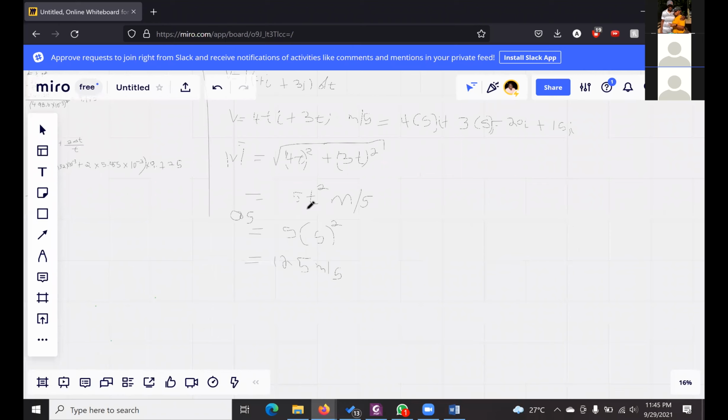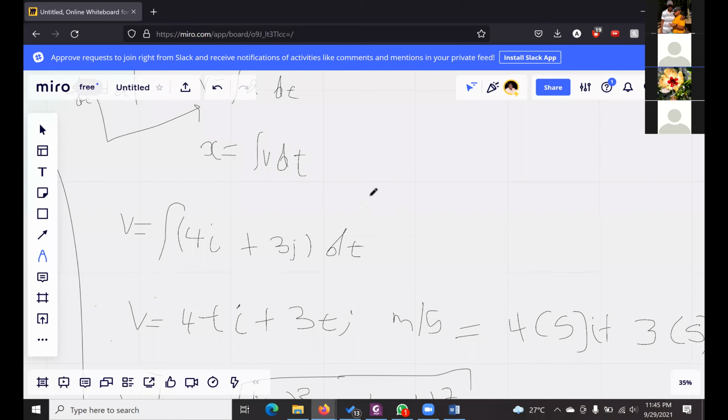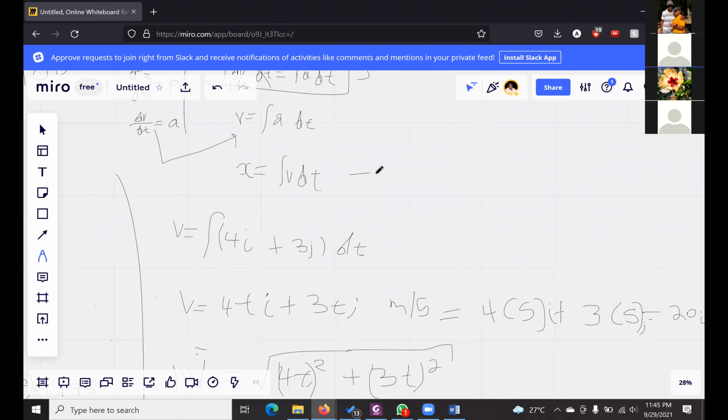Displacement. Who can tell me how we find the displacement? The integral of v. All right, I know it's all over the place, but just stay with me. So our v function is here, right? So we're integrating this. We have the integral of 4t i plus 3t j.